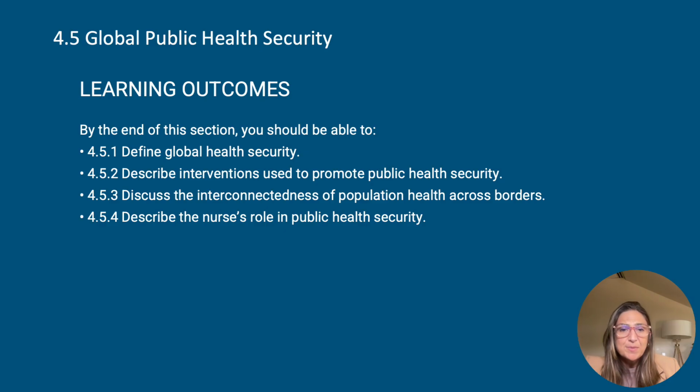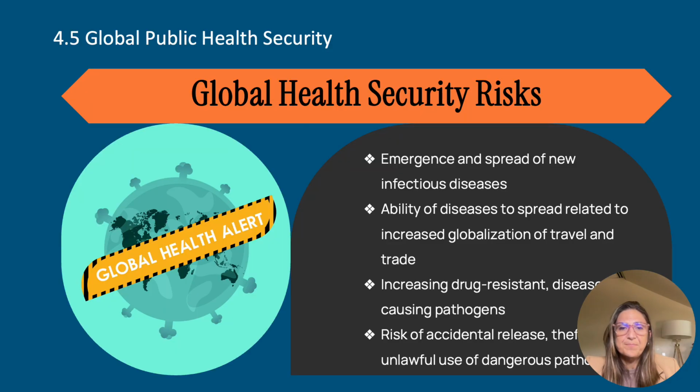So this next section, we're going to talk about global health security, describe interventions to promote health security, public health security, and interconnectedness of population health across borders, and then think about the nurse's role in public health security. So global health security risks: emergence and spread of new infectious diseases. This is the ability of diseases to spread related to increased globalization of travel and trade.